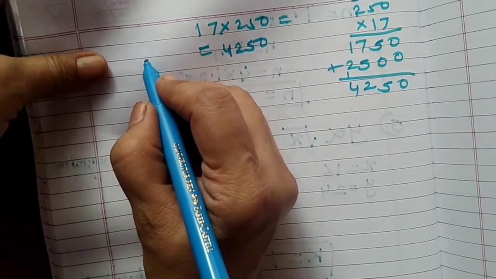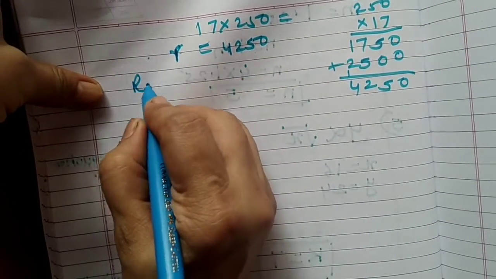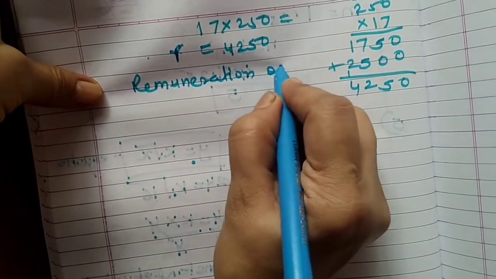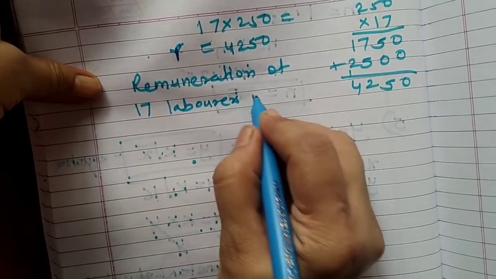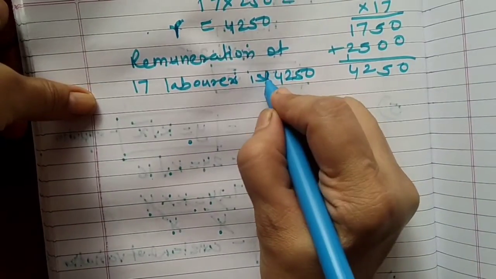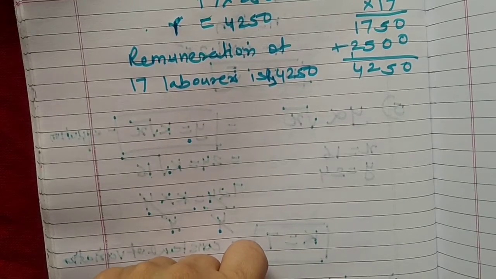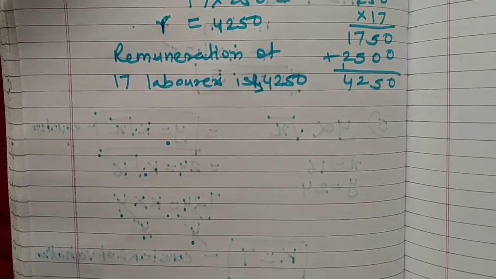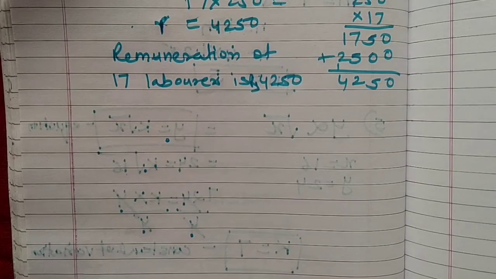So the remuneration of 17 laborers is 4250 rupees. Okay, don't forget to write rupees 4250. So I hope you have understood this practice set 7.1. Okay, now in the next video we will see what is inverse variation.